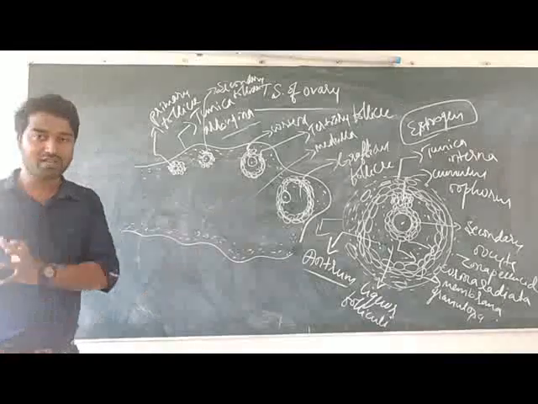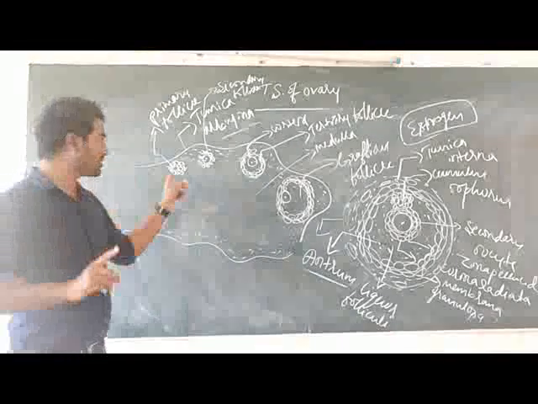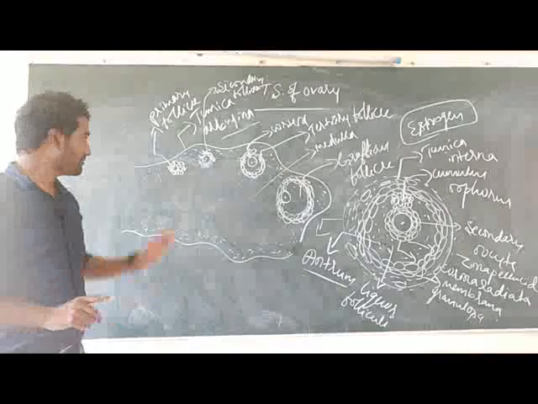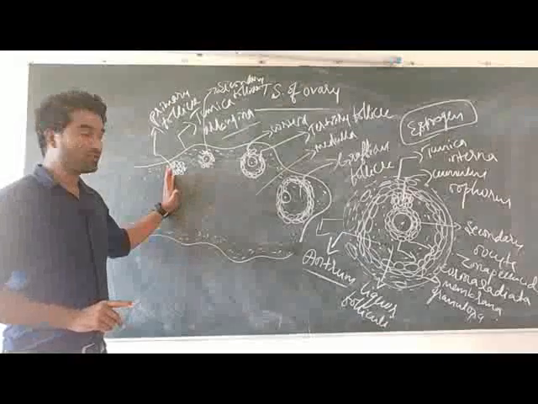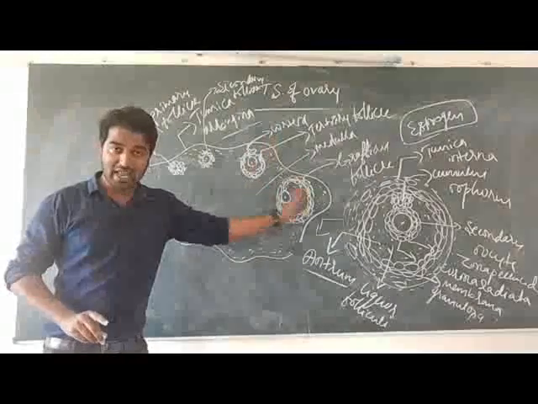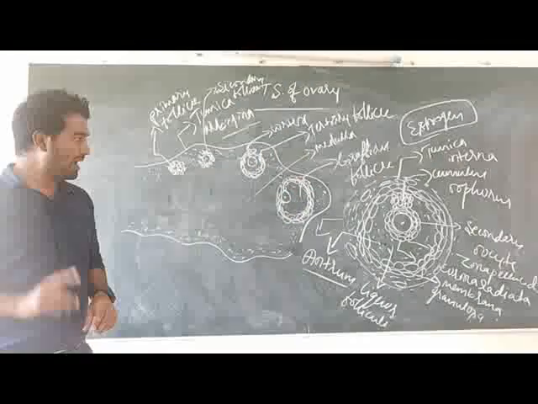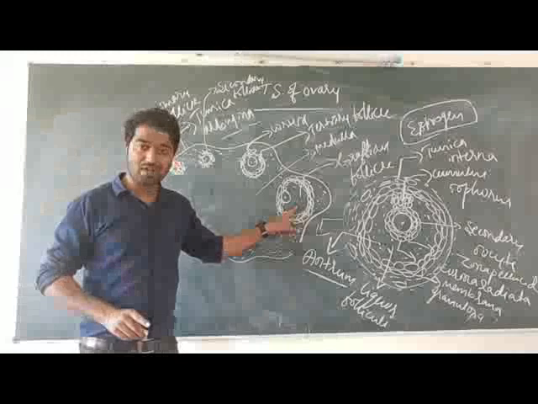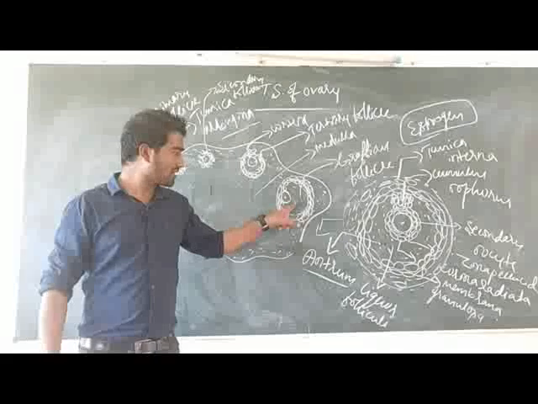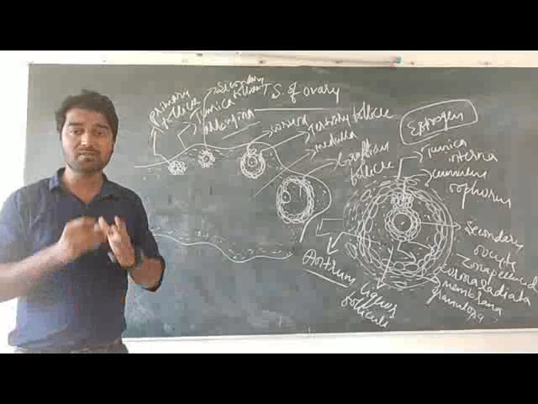Among these, only one primary follicle is going to mature into a Graafian follicle. That means the primary follicle matures into a secondary follicle, then tertiary, and finally the Graafian follicle. This Graafian follicle has one secondary oocyte, which undergoes the ovulation process.